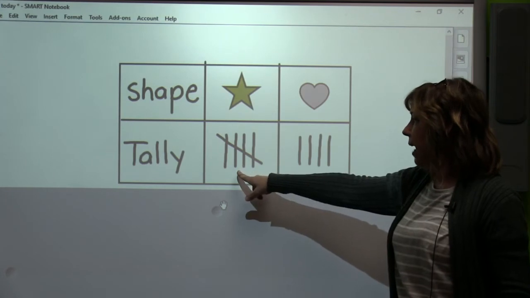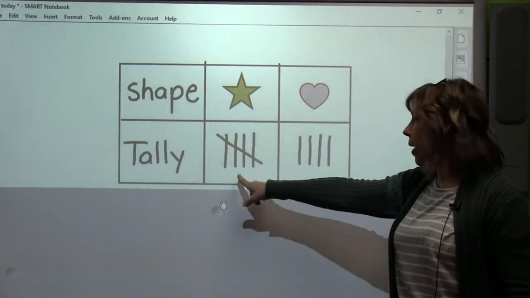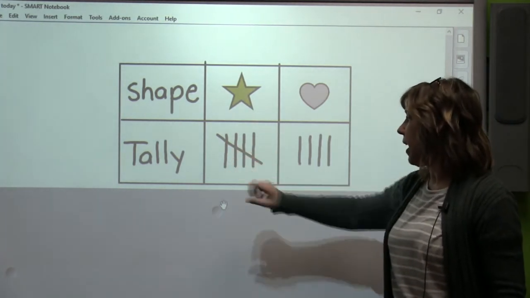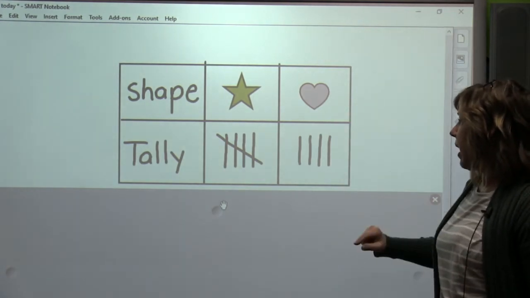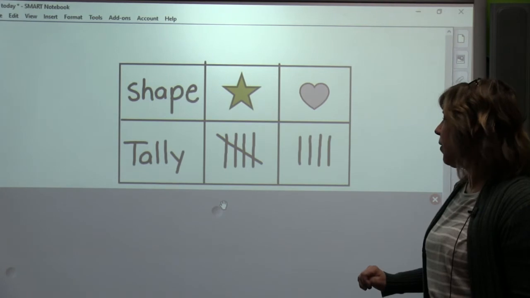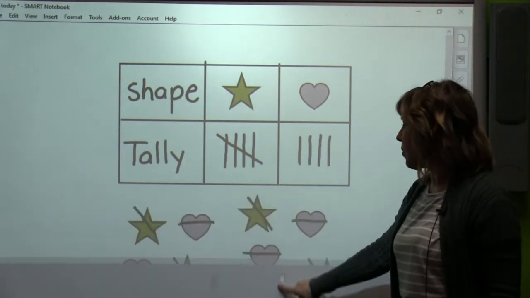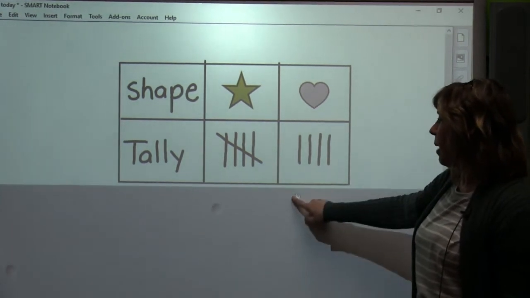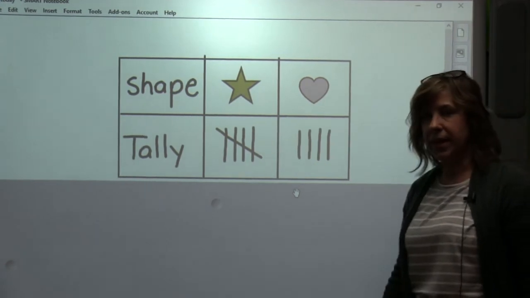How many stars did I have, everybody? 5, right, that's 1 full set of tally marks, so I had 5 stars. And how many hearts did I have? 4. There are 4 tally marks, so I had 4 hearts, that's right. And that's what I have down here. But you should be able to tell that just by looking at my tally chart.